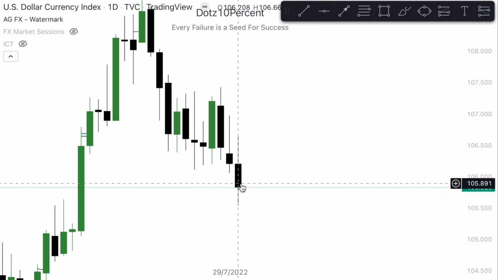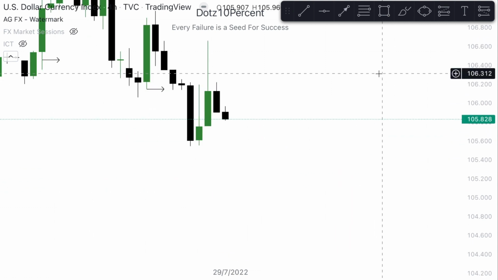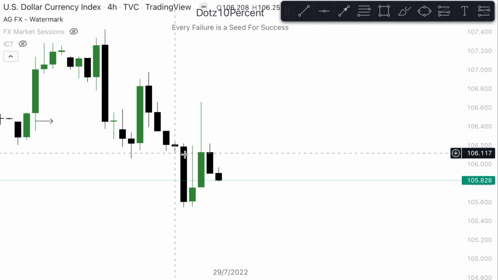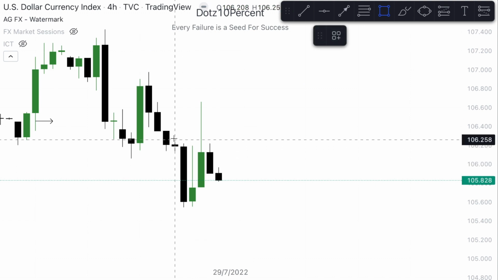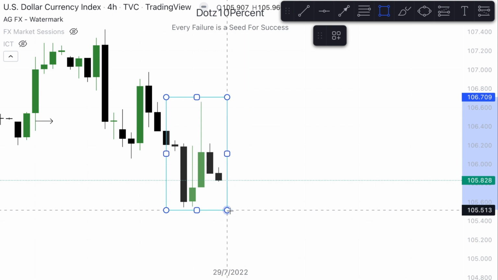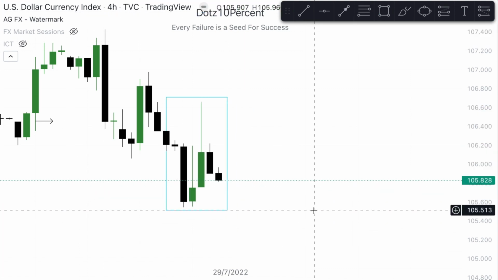And then let's say we take this daily candle. So this daily candle is the last 6 4-hour candles. 1, 2, 3, 4, 5, 6. So we consider all the candles in this box, right? Again, it's the same concept.